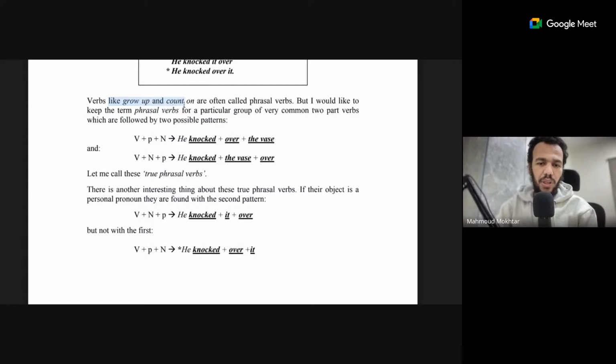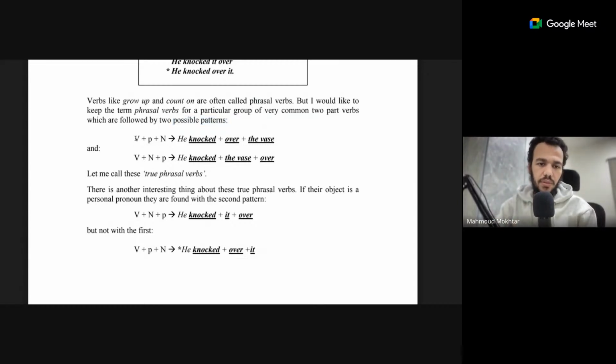Verbs like grow up and count on are often called phrasal verbs, but I would like to keep the term phrasal verbs for a particular group of very common two-part verbs, which are followed by two possible patterns.